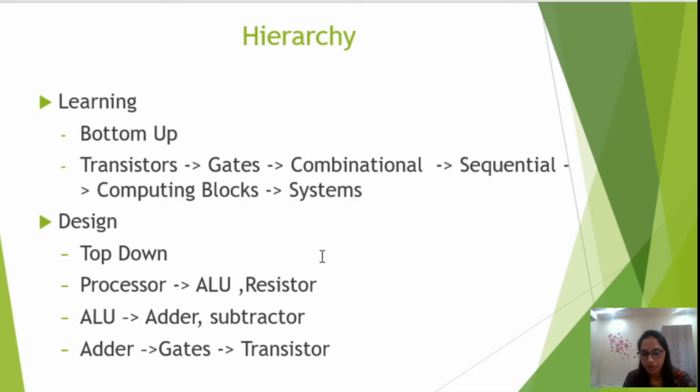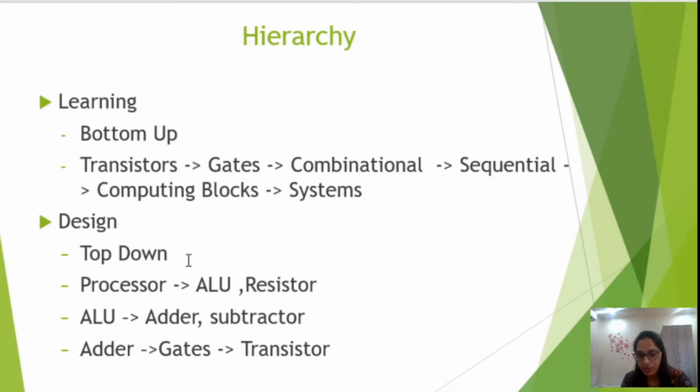That is, we first think of the application part: what is its functionality, how it will behave. Then we design the processor. What the processor will consist of, we decide after that. It will consist of an ALU and registers.